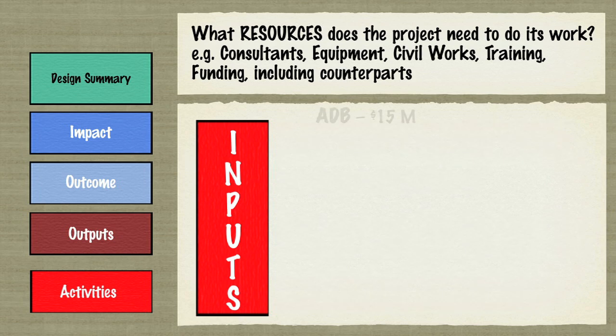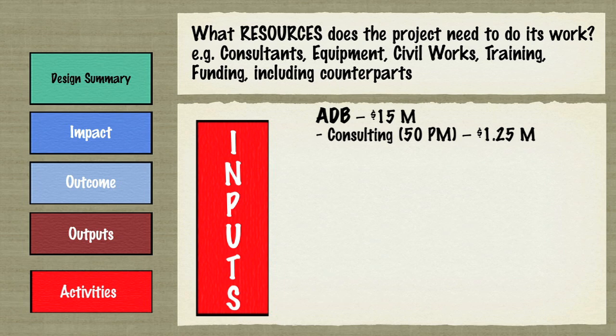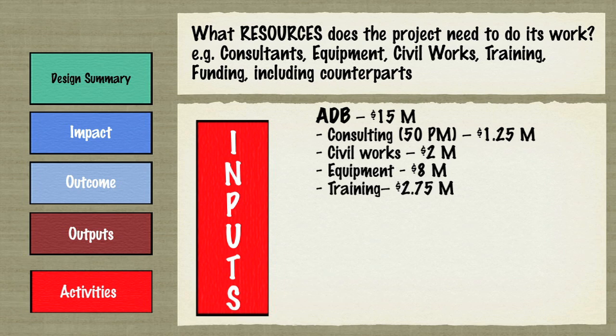Example inputs: ADB, equivalent to $15 million. Consulting services of 50 person months, equivalent to $1.25 million. Civil works, $2 million. Equipment, $8 million. Training, $2.75 million. Contingencies, $1 million.